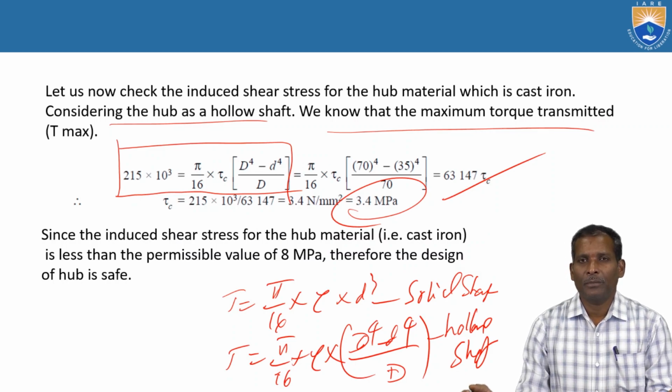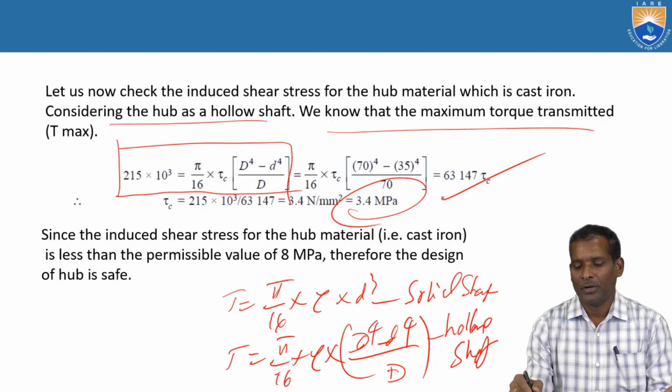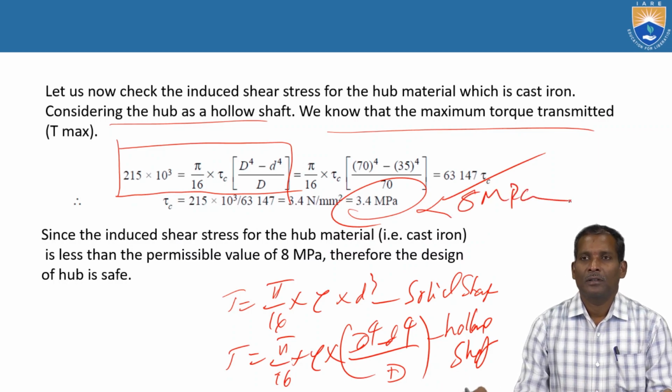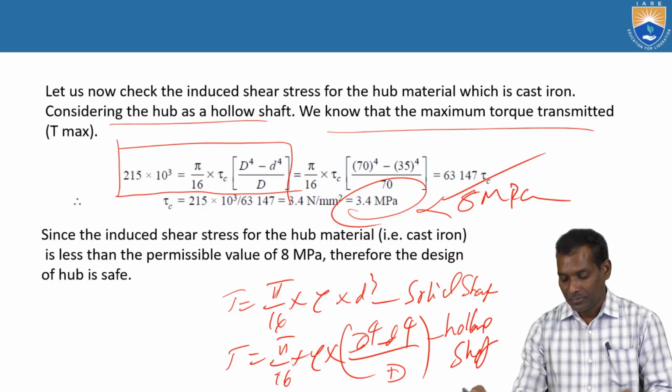The given permissible value for the cast iron material is 8 megapascal. The obtained value 3.4 is less than 8 megapascal for the hub material, so we can say the above design is safe.